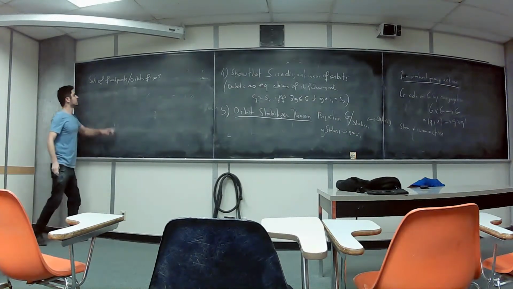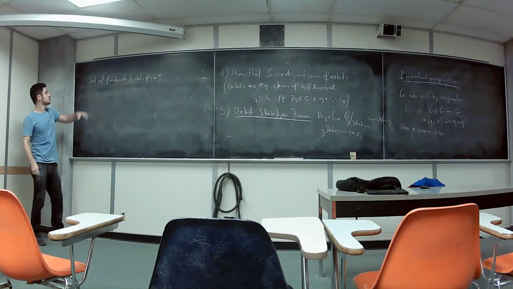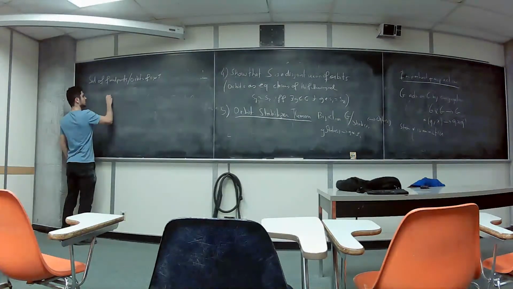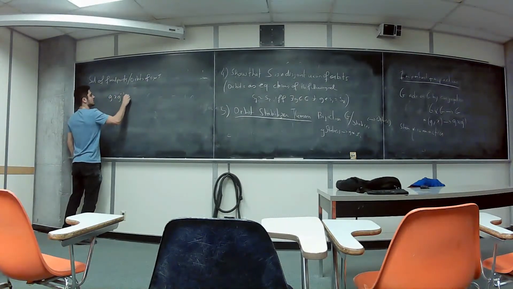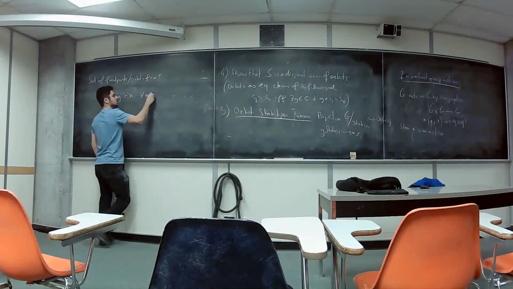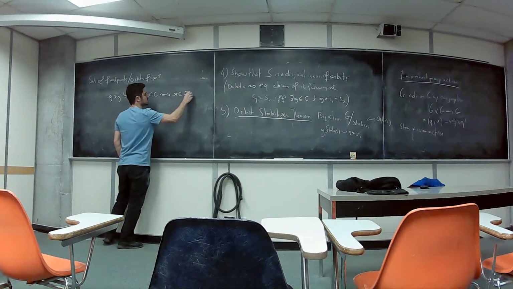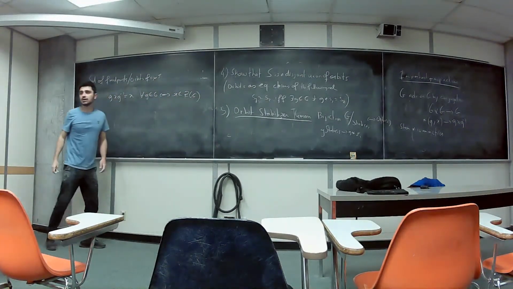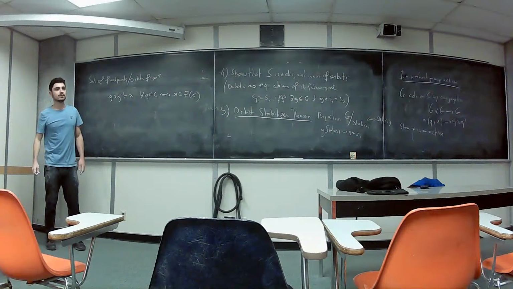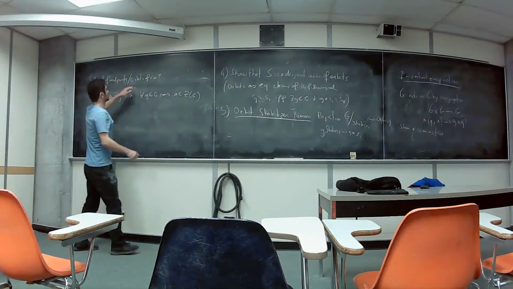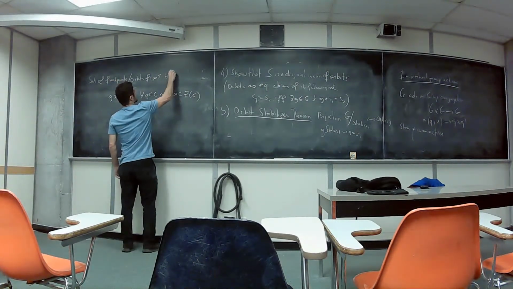So the fixed points are the set of orbits of size 1. Agree or not? Yeah, we've seen that. So the set of fixed points of this action is Z(G).